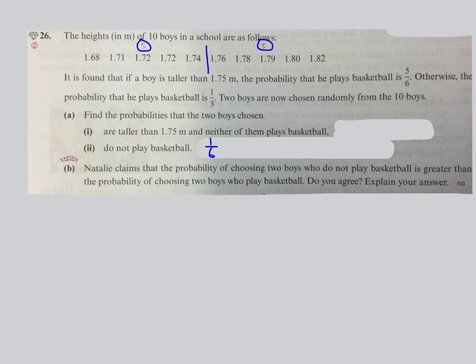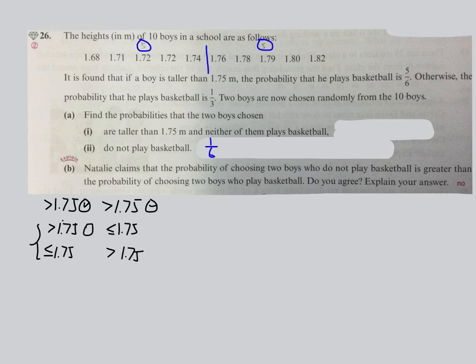So what we can do is, again, think about the cases. The cases are both taller than, but they play. The second and third cases: taller than, shorter than, or equal to, both playing.